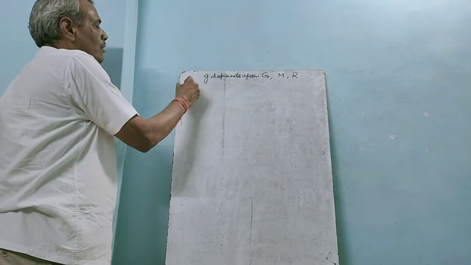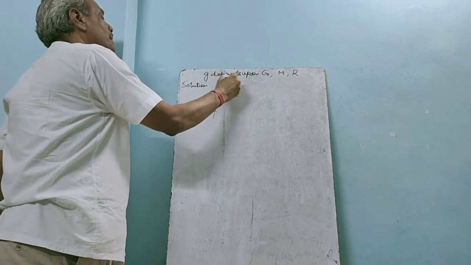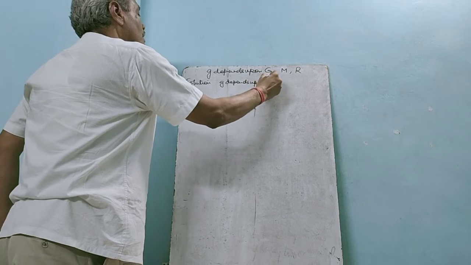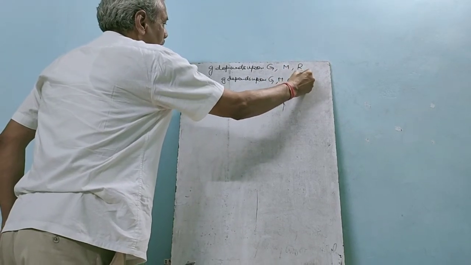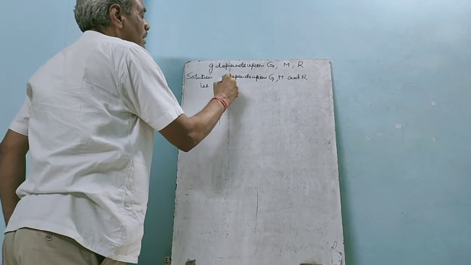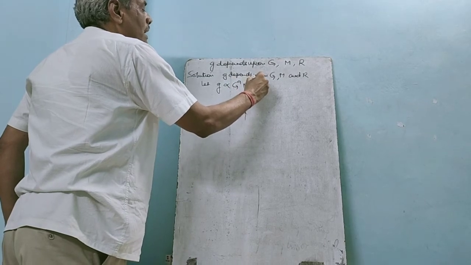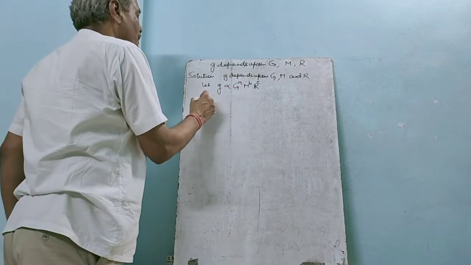Now see the solution. g depends upon capital G, M and R. Let g be directly proportional to G to power a, M to power b, and R to power c. These powers a, b, c, we have to find.